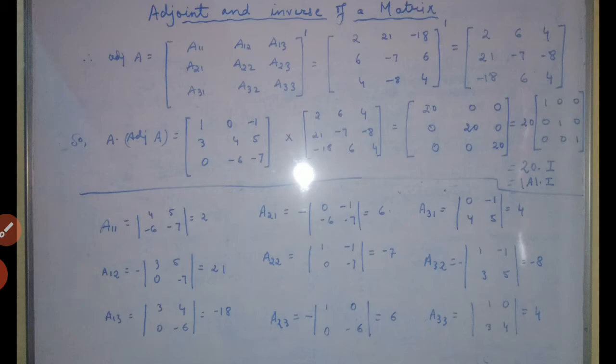So now we are going to fill the values of A11, A12, A13 one by one in the 3 cross 3 matrix. So here we have A11, A12, A13, A21, A22, A23, A31, A32, A33 whole transpose. The dash sign which I have put above is your transpose.